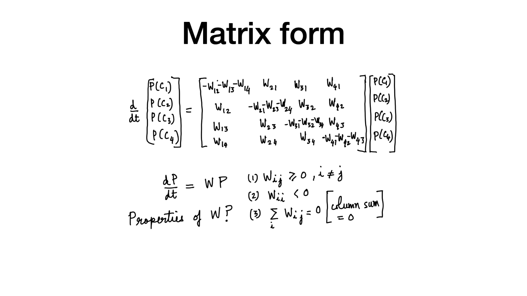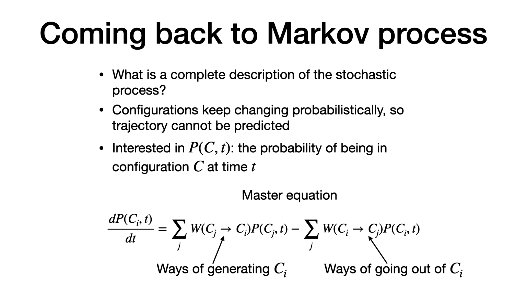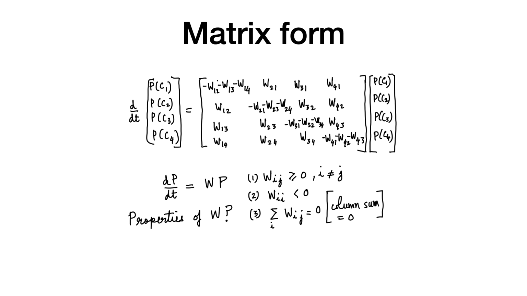What I wrote is just this: if I write P of C1, putting i equal to 1, d by dt of P of C1 is W from C2 to C1, C3 to C1, C4 to C1. And the negative terms are C1 to C2, C1 to C3, C1 to C4. I have just written that down explicitly in this form.